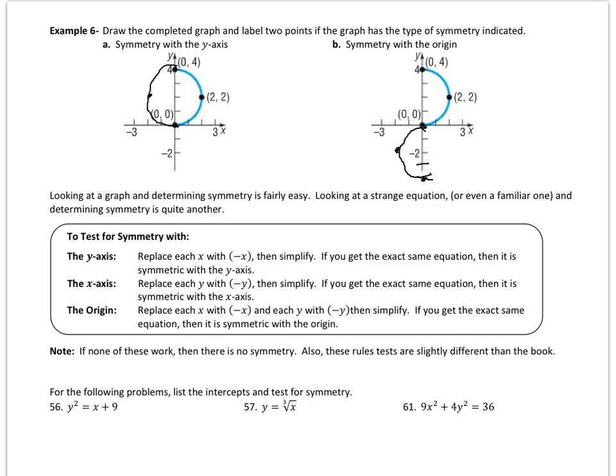Okay? And this test is for if we have just equations, right? And no graphs. Graphs is pretty simple. Just like we showed up there. Okay, but equations are a whole different animal. And again, a little note, if none of those work, then it has no symmetry.